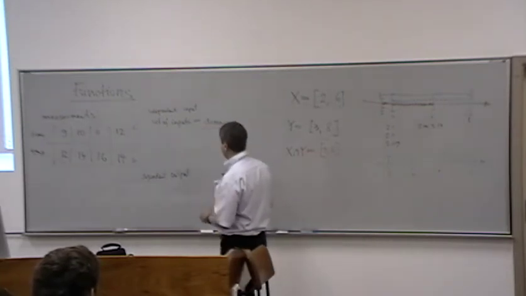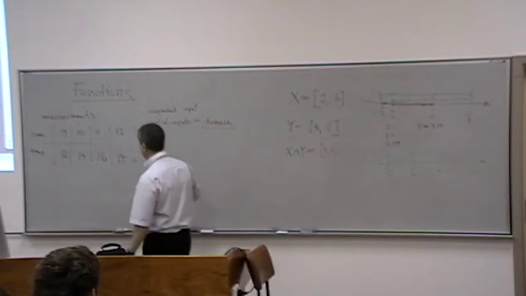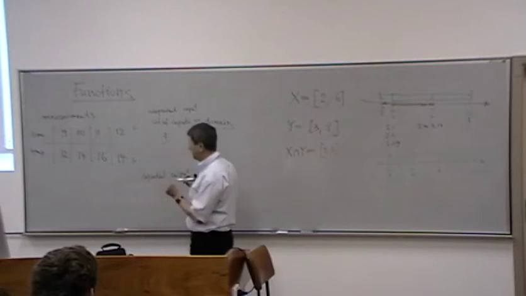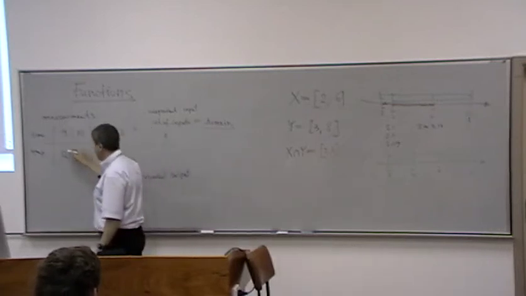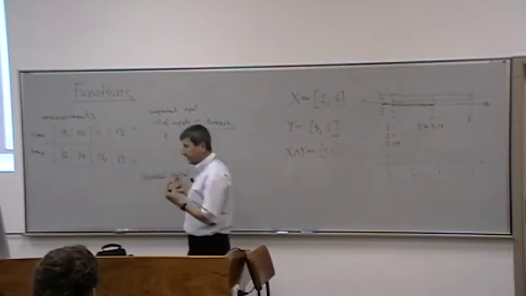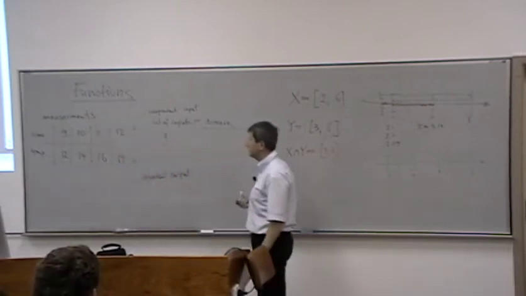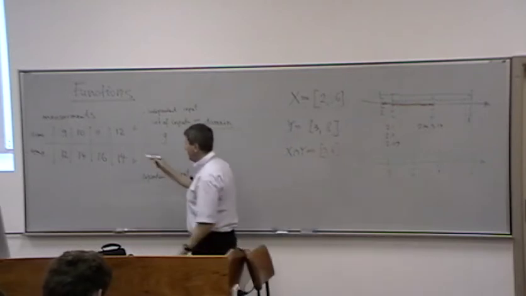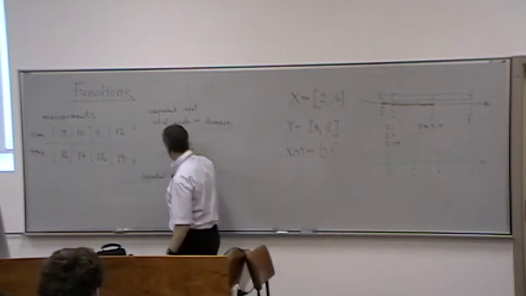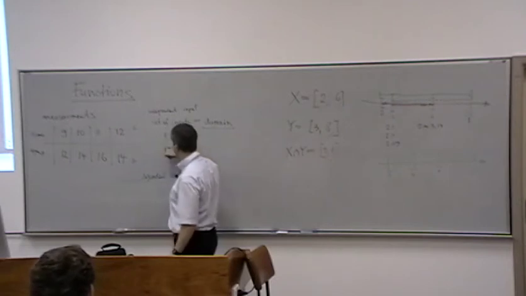Then for each input of the domain, we have one specific output, one specific measurement, and only one. So if we measure the time at 9, we can only get one result at the same place. Of course, different places is a different matter. But if you measure it at the same place, then we get this particular value. 9 is assigned to 12.